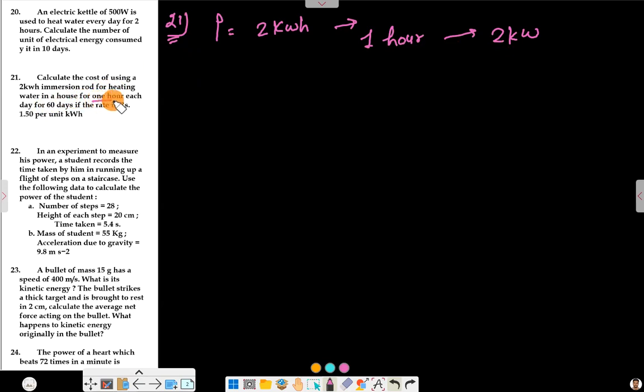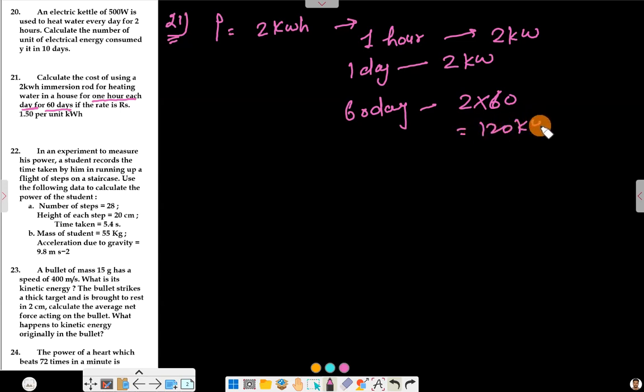It runs for 1 hour each day. So in one day it uses 2 kilowatt. There are a total of 60 days. So in 60 days it will consume 2 into 60 equal to 120 kilowatts of energy.